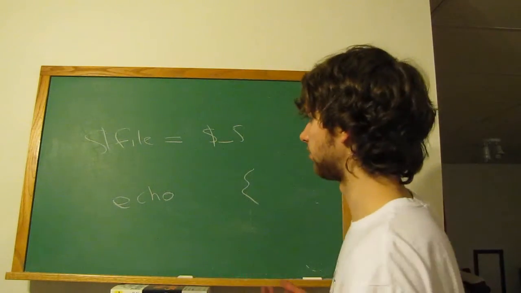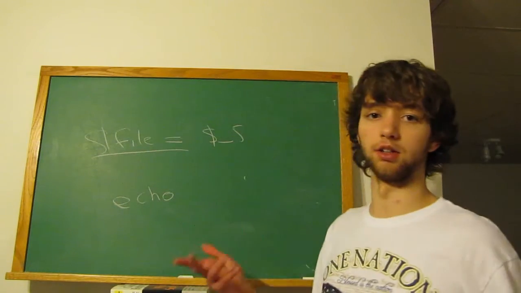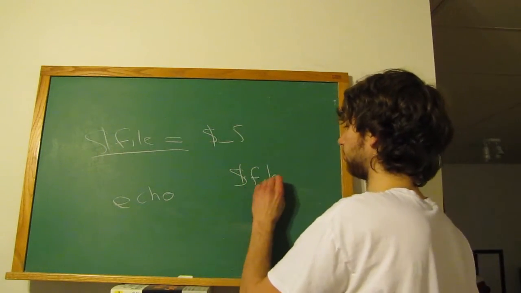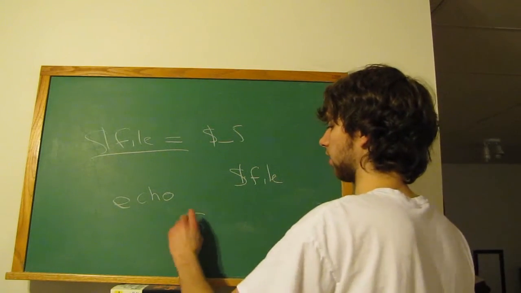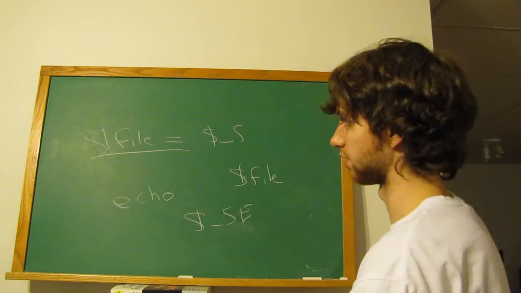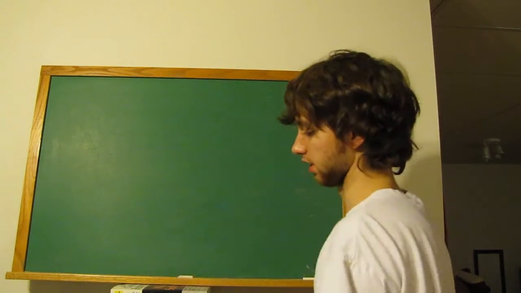So if you just want to make your life easier, just assign these to another variable and then use that variable. So echo file rather than echo server and then all that extra junk. It just makes things easier in my opinion. But that's just an extra step that you don't have to do, and honestly it's not necessary.